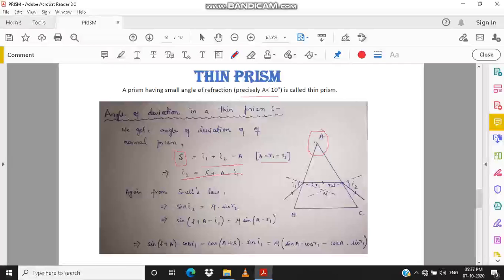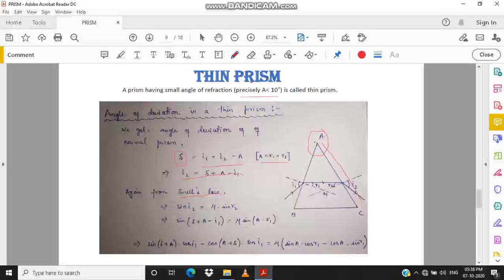Now this is a diagram of a thin prism. Now this angle is effectively very small, so we will be applying Snell's law. We will be applying Snell's law in the surface AC. Simply we know sine I is equals to mu sine R. Now here sine I2.